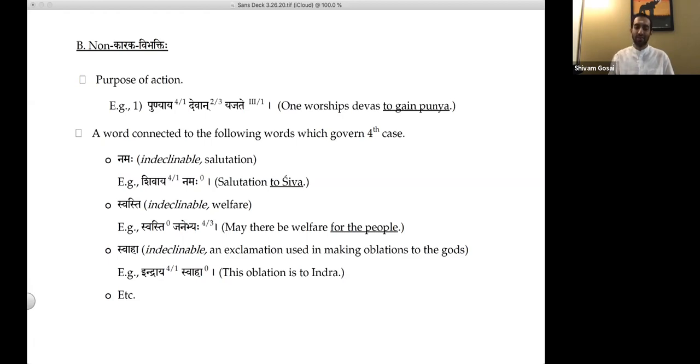Okay, then we have Swaha. When you're with the priest, he'll say Swaha, right? Many times Swaha when they're doing a big yajna or the homa. In the homa, they'll say Indraya Swaha, Indraya Swaha, or whatever devata you're worshiping. Whatever's connected to Swaha gets the fourth case.